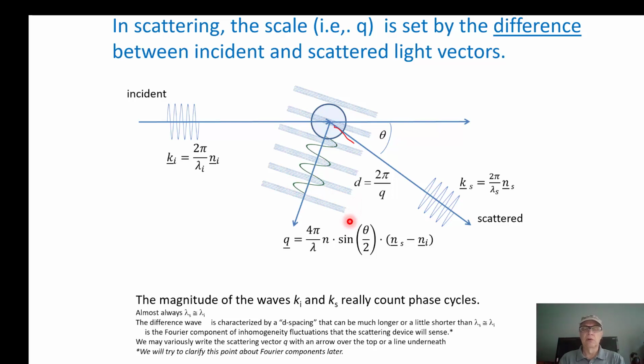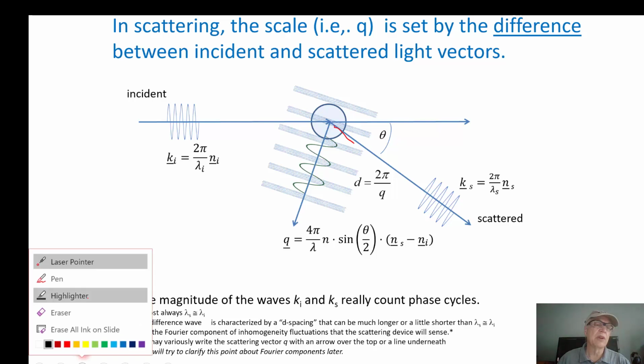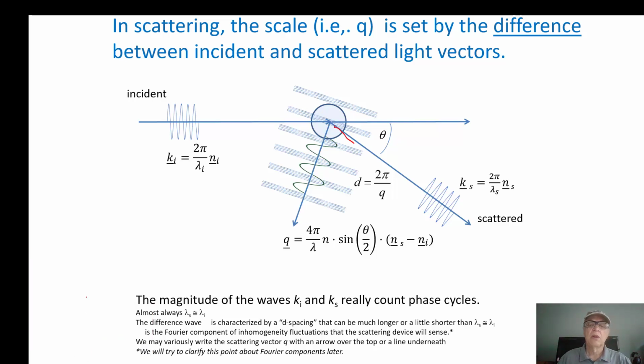And it works out that the length of this vector is 4 pi over lambda. Actually, that should be a lambda naught there. There are errors in this presentation, but there are. So this should be lambda naught, which is the wavelength of the light in vacuum, and that's usually how our laser wavelengths are quoted.